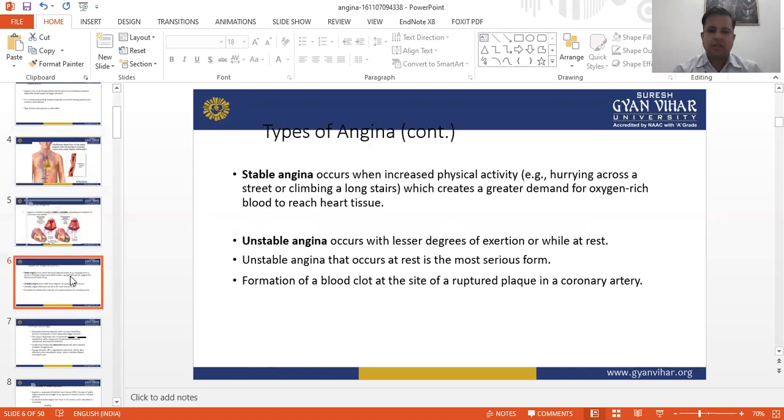Unstable angina occurs with lesser degrees of exertion or while at rest. Unstable angina that occurs at rest is the most serious form. It involves formation of a blood clot at the site of a ruptured plaque in a coronary artery.